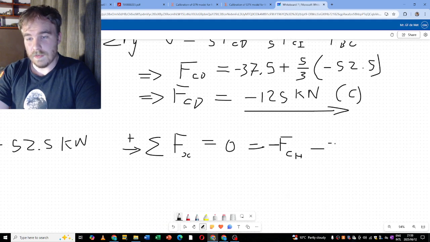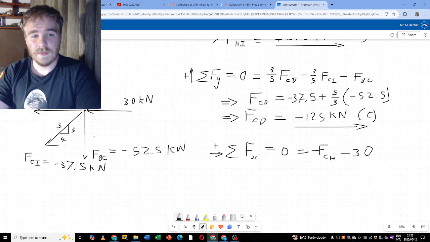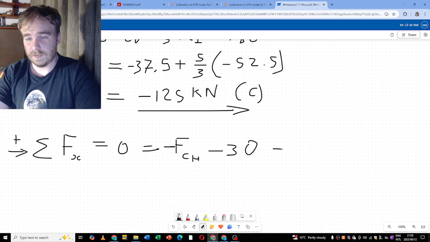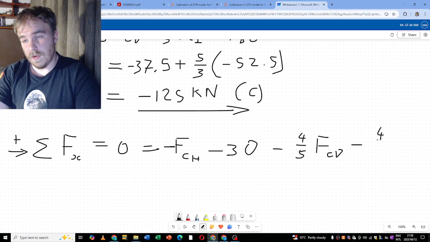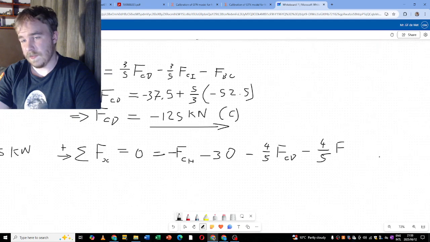And it also has minus 30 that side, and both these are also pulling in the negative direction, so it is minus 4 over 5 FCD minus 4 over 5 FCI, I think. Yeah, CI.